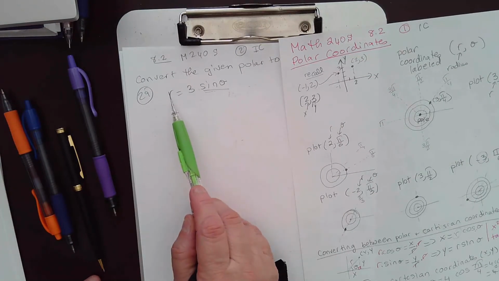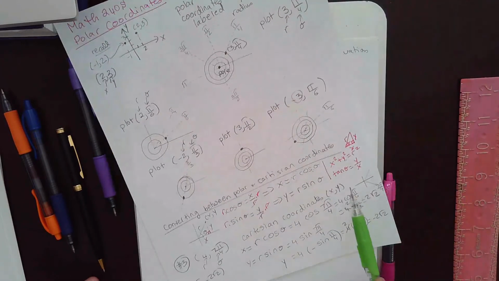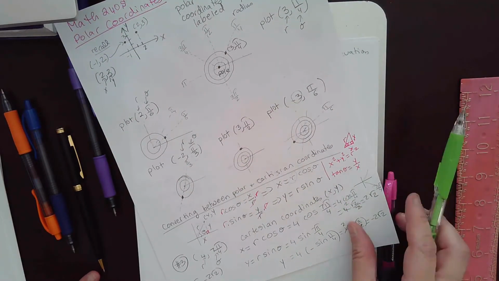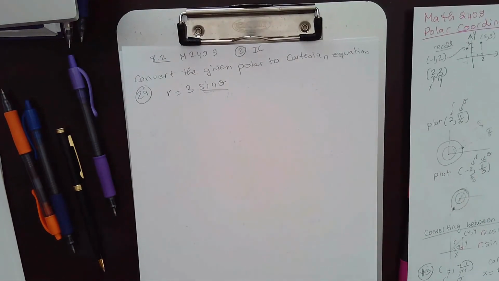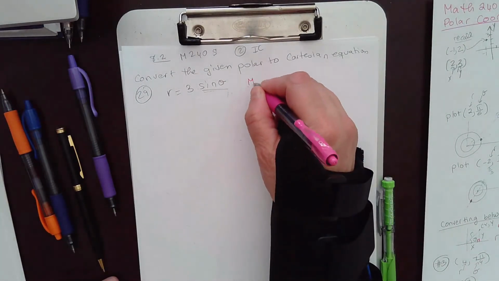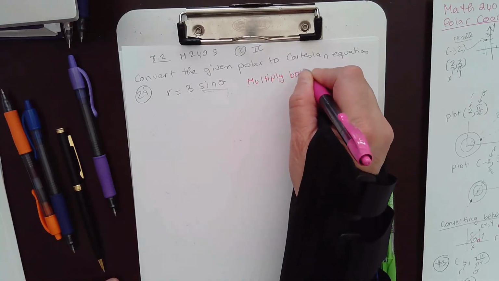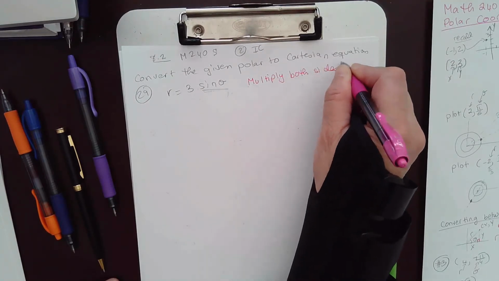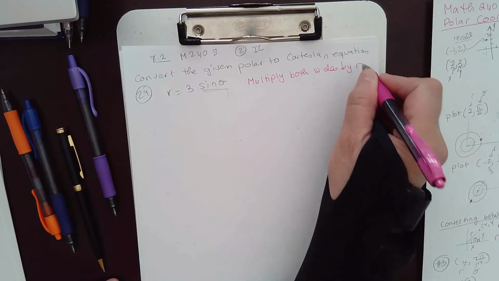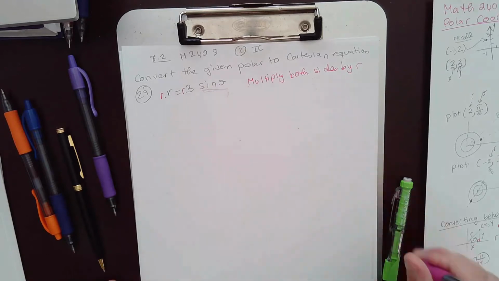And if this is multiplied by r as well, this will be r squared, and that will give me x squared plus y squared. See what I mean? So if you were to multiply both sides by r, this one would be r here, this one would be times r. What do we get?